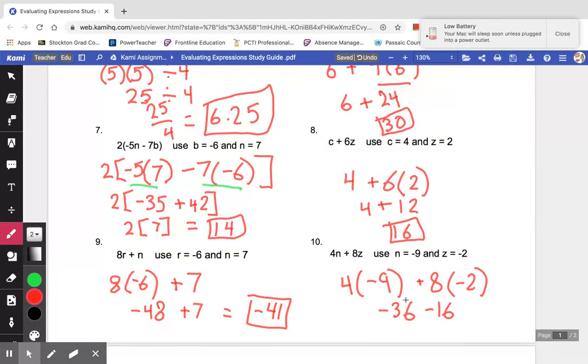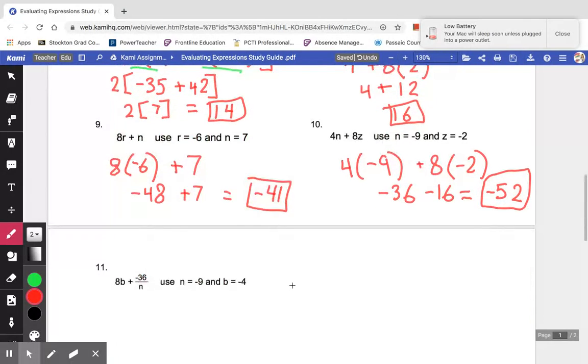And then all we're doing is doing negative 36 minus 16, and we get a negative 52. So again, it's very important that you are being aware of the negatives in the problem. And if you struggle with the negatives and those rules, make sure you are entering them into the calculator.